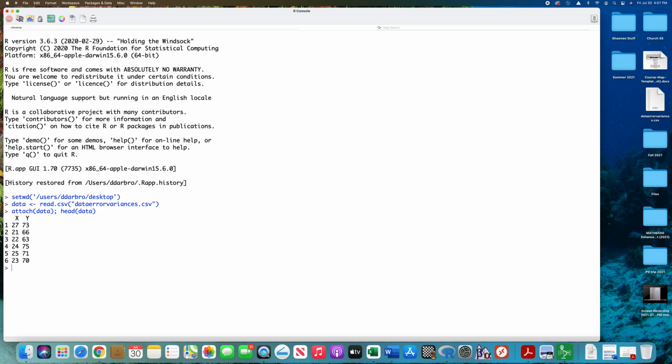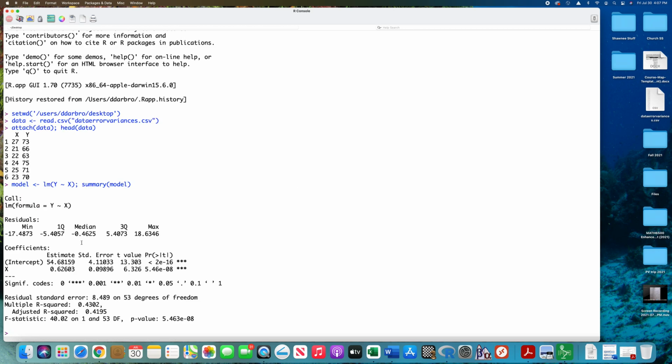All right, so you can see that we have x and y, and the very first thing I want to do is I want to create my model, and that's just y from x, and then I'd need a summary of the model. Now, I need this right here.